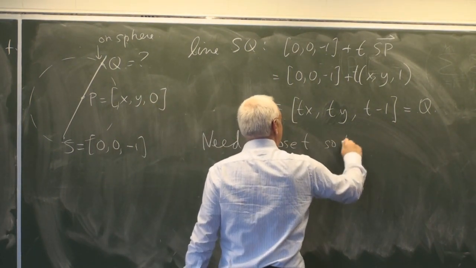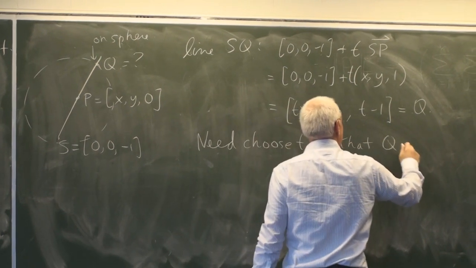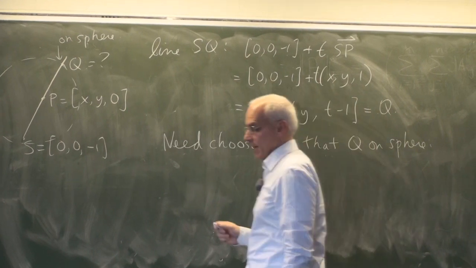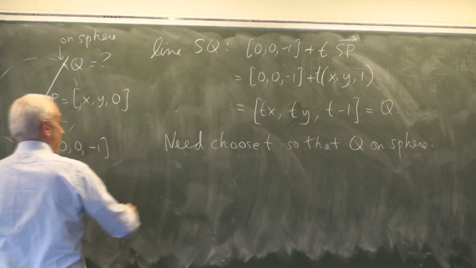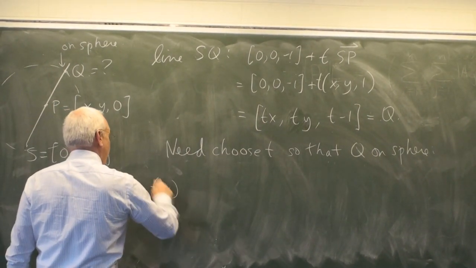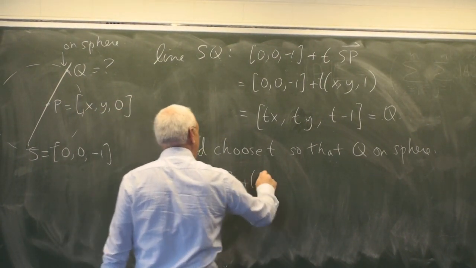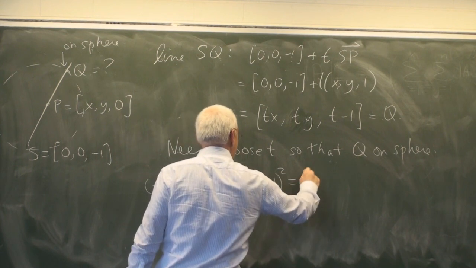In other words, so that tx squared plus ty squared plus t minus 1 squared equals 1.